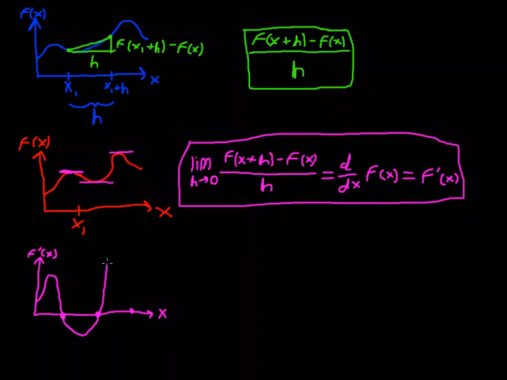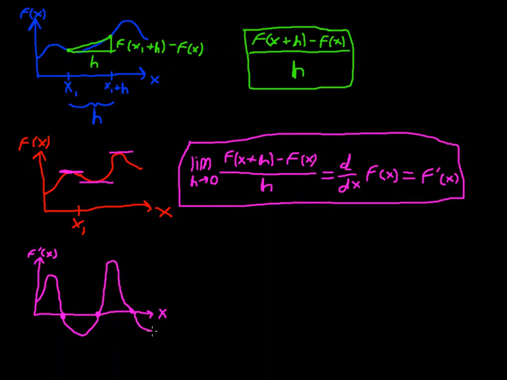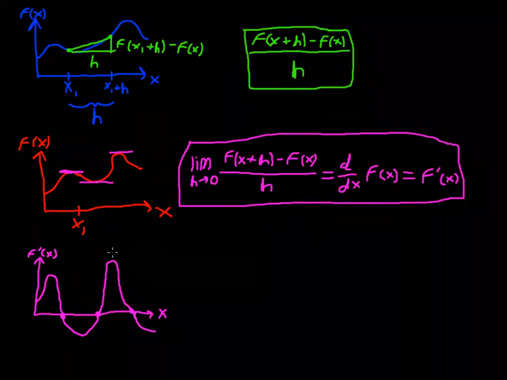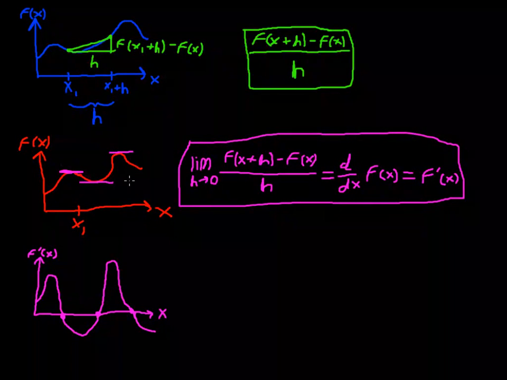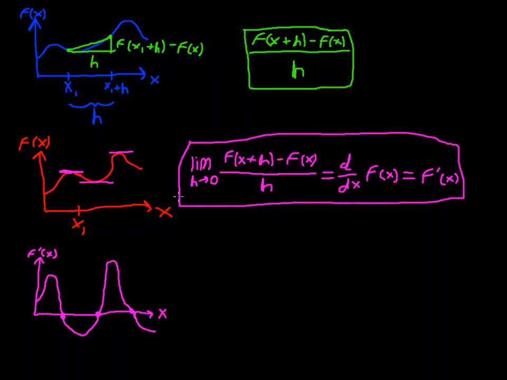It's really positive, and then it goes back down to 0, then the slope ends up being negative. So this is a rough sketch of f prime of x, but that should sort of make sense. It looks like a pretty good representation of f prime of x. It's not exact, but it's pretty good.